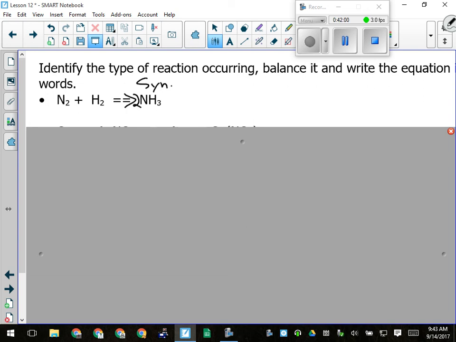How many hydrogens do I have now? 6. So what should I put here? 3. Probably would have worked out if I'd done the hydrogen first as well. So we got 1, 3, 2 as our balancing. When I write this out in words, it looks like this. It's just essentially a naming exercise. Nitrogen plus hydrogen equals nitrogen trihydride.